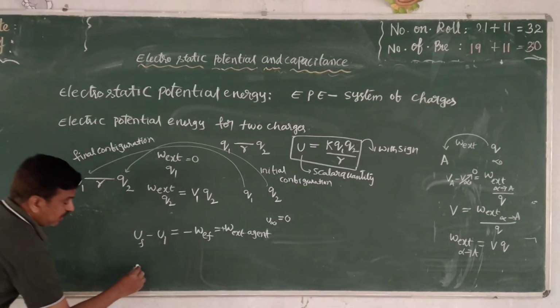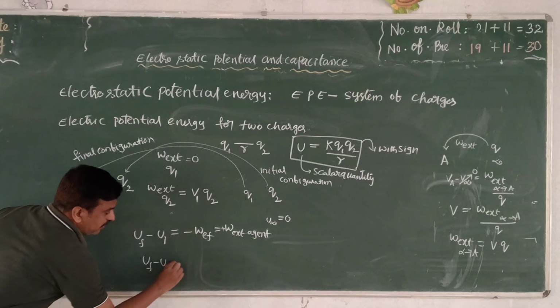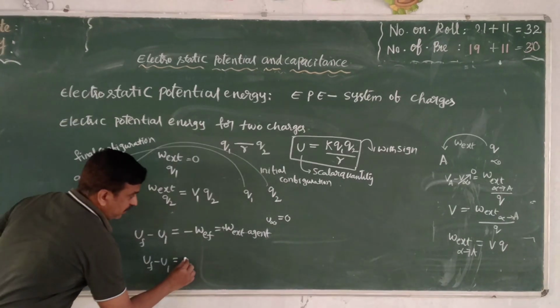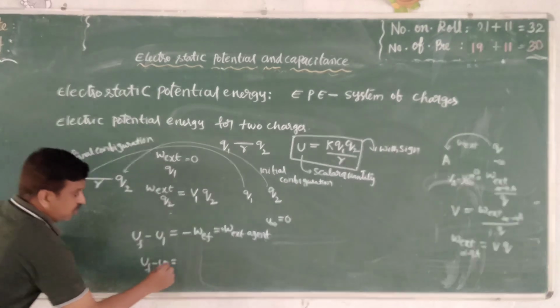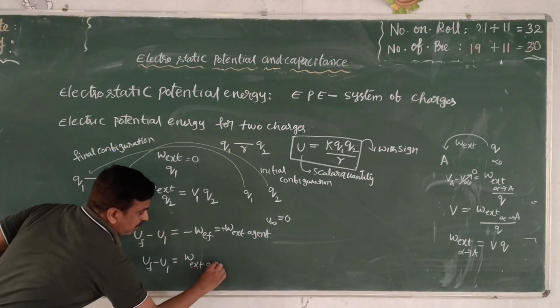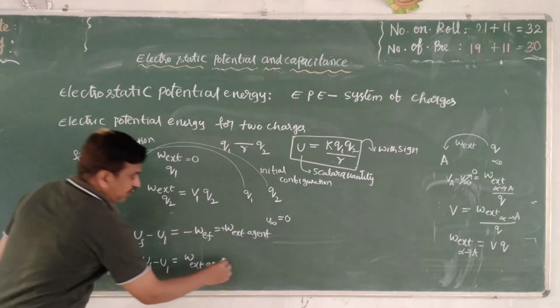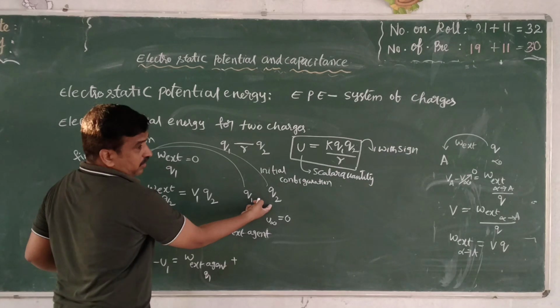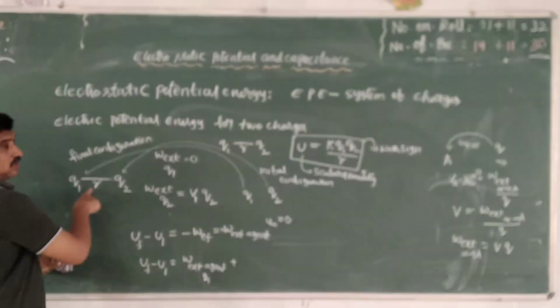See, we can write U final minus U initial, that is equal to the positive of work done by external agent in bringing Q1 from infinity to this configuration, plus work done by external agent in bringing Q2 to this configuration, at a distance from the Q1.